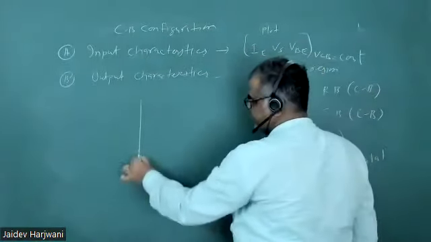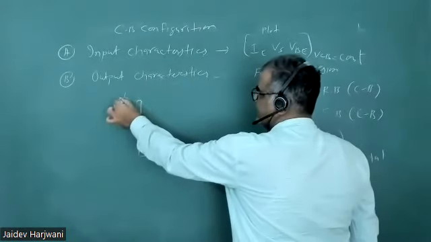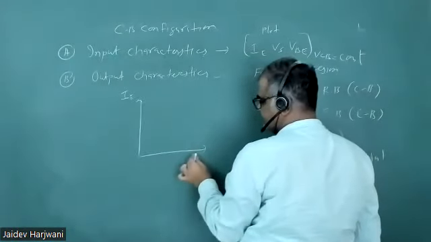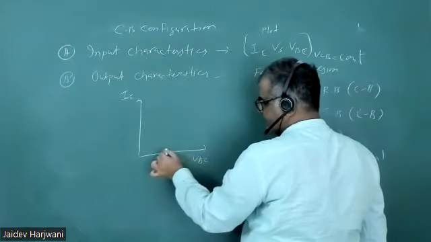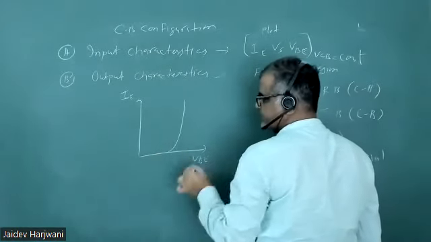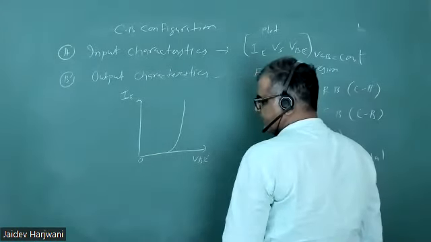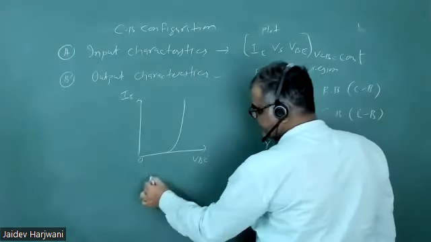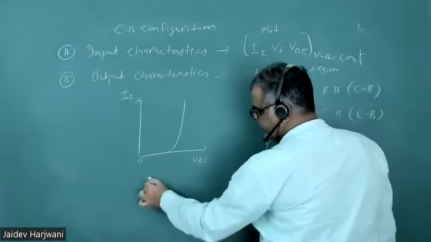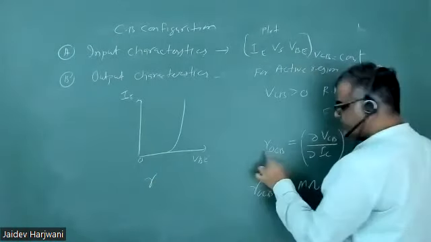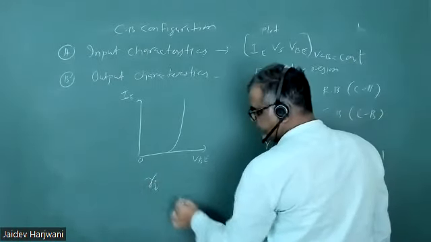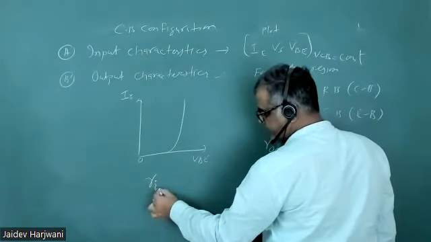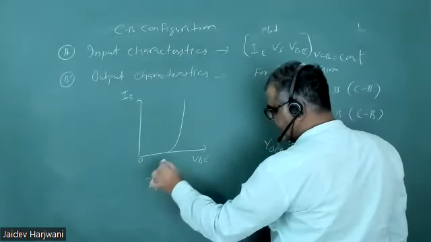If I take the input characteristics, IE versus VBE, this graph is like this. And here you have resistance, the input resistance. This is the output resistance, and this is the input resistance in common base. I will call it RIB.